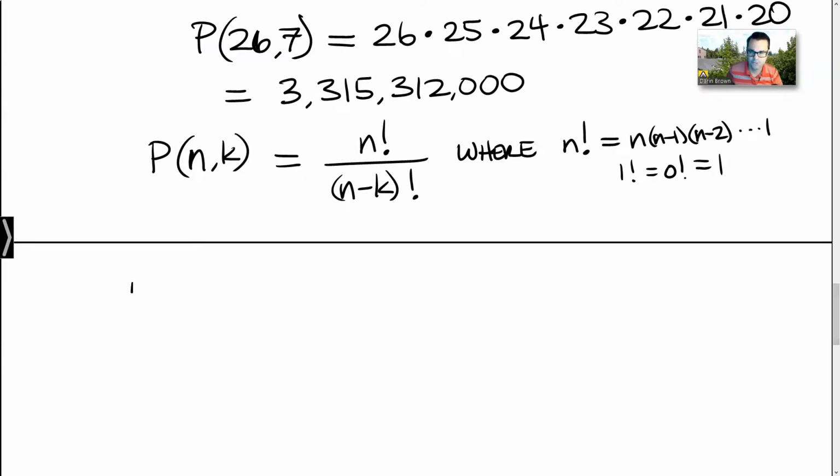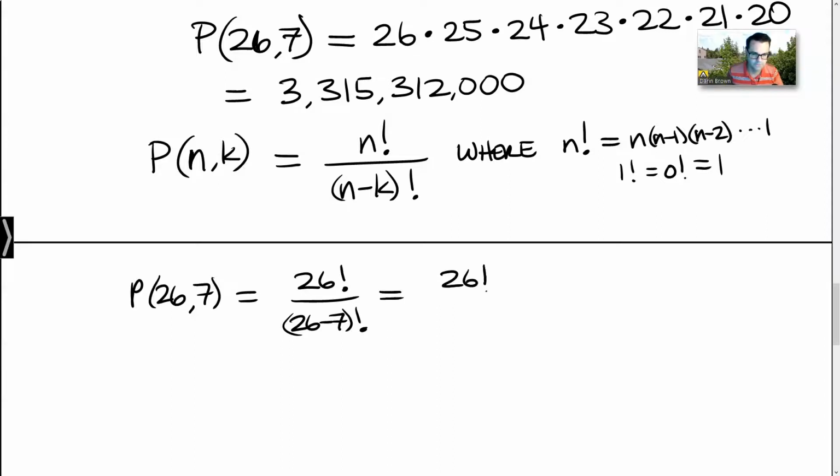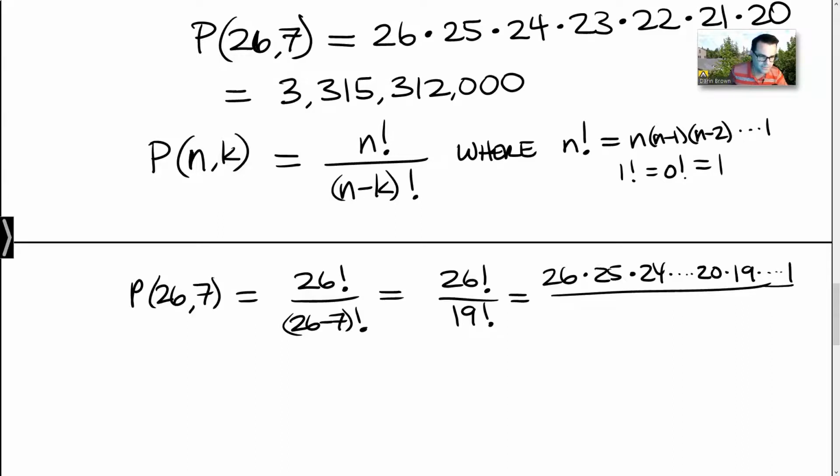Let's look at P(26, 7). This would be 26 factorial over (26 minus 7) factorial, which would be 19 factorial. So what that's saying is take all the numbers from 26 all the way down to 1, and then divide by the product of all numbers from 19 all the way down to 1.